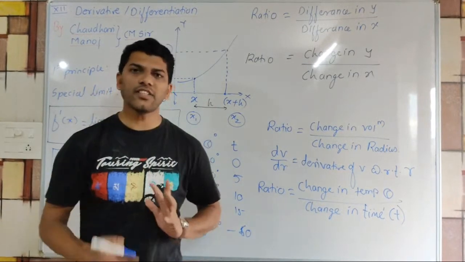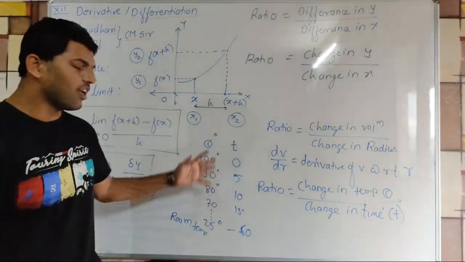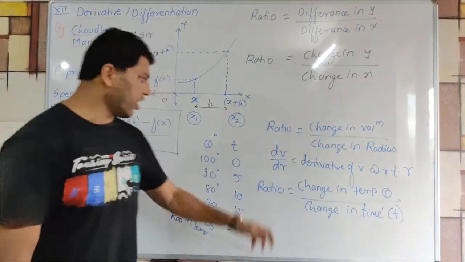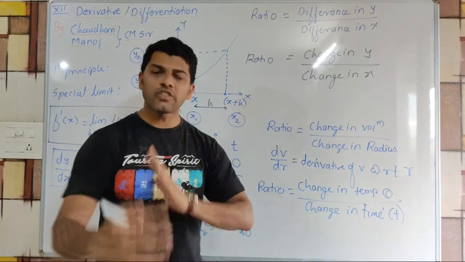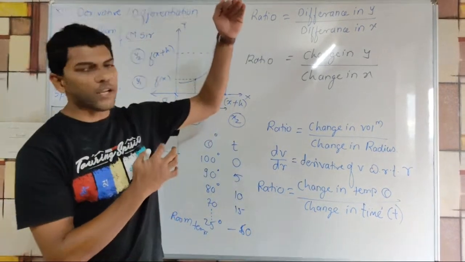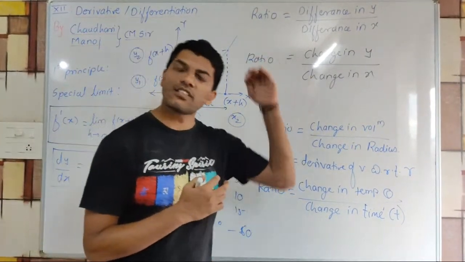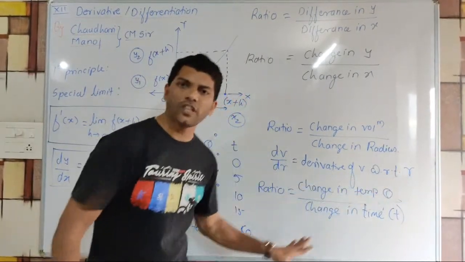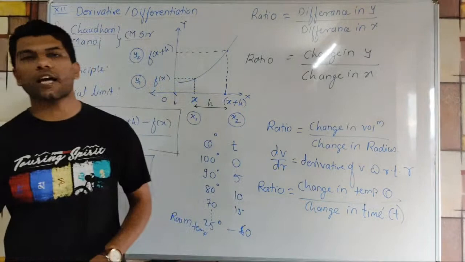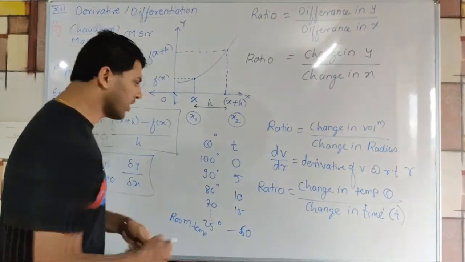The temperature is changing as time is changing. Changing means variables. So here theta, the temperature of the water, is a variable. Time is also a variable. The temperature of the water is changing as time is changing. So we can say change in theta with respect to change in time. How to write it in the form of the derivative?